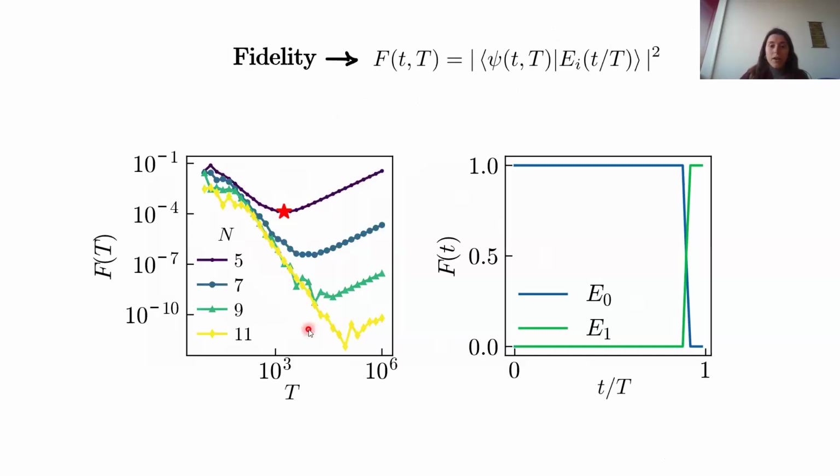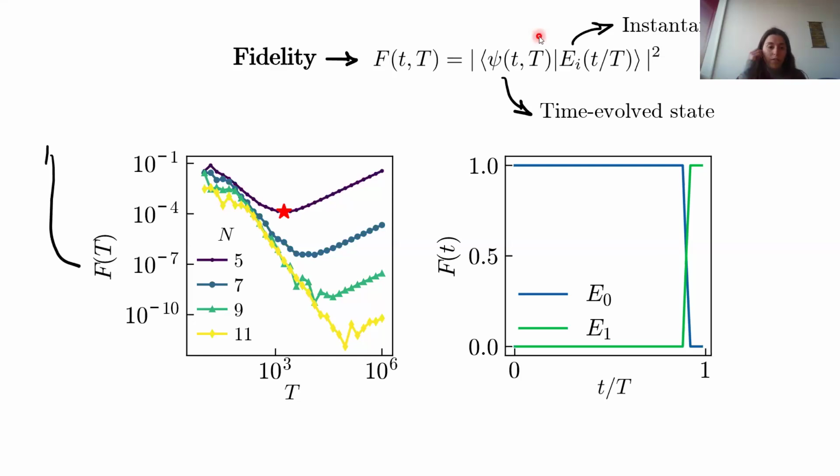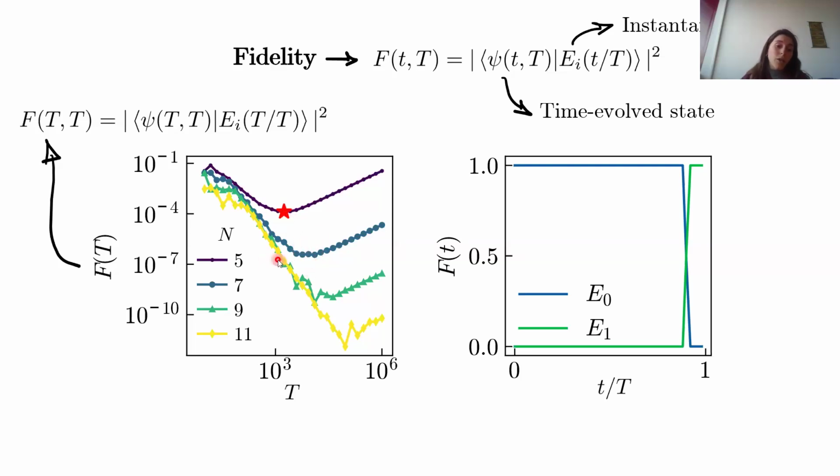If we look at the fidelity, so if we define a quantity which is the squared overlap between the instantaneous state and the time-evolved state, we can see that the final fidelity for this problem decreases in time, where the time now is the final time of the annealing protocol, and it reaches a minimum value that is always smaller as we go to higher sizes of the system.